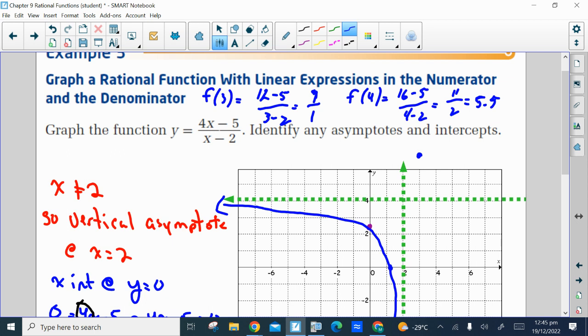So that is the point (4, 5.5). So that is approximately right there. So this just gives us a couple points of reference for that portion of the graph. It just gives us a more accurate sketch.